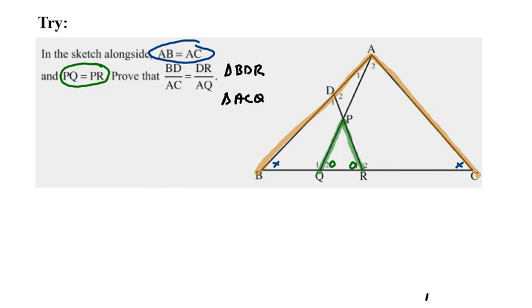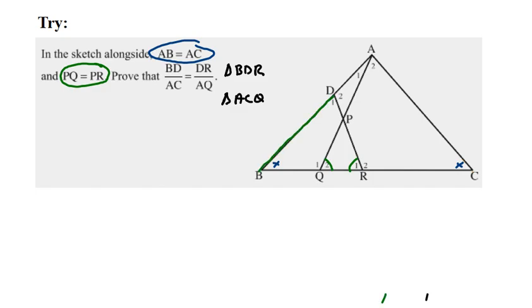We have already applied the isosceles triangle property, so we can get rid of these marks, because we need to clearly mark the triangles which we are working with in this similarity. So we remember that Q2 is equal to R1 and B is equal to C. Does triangle BDR exist?